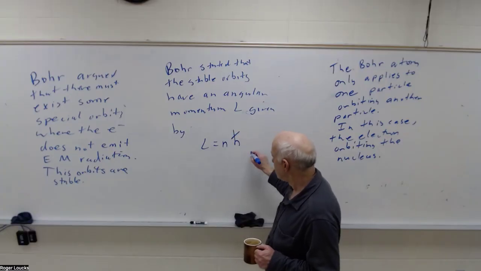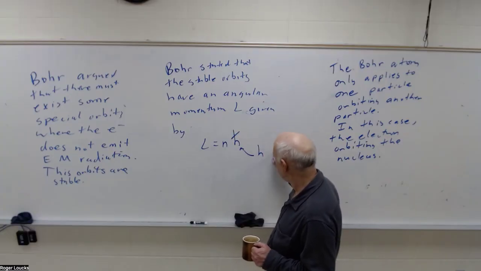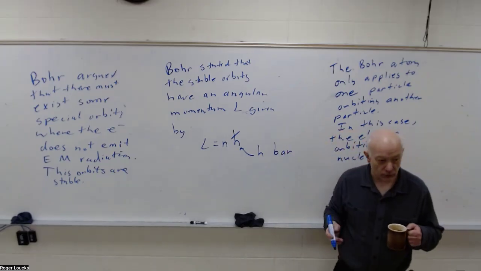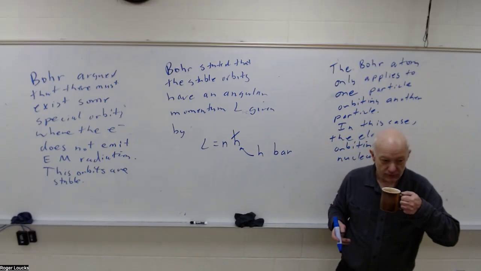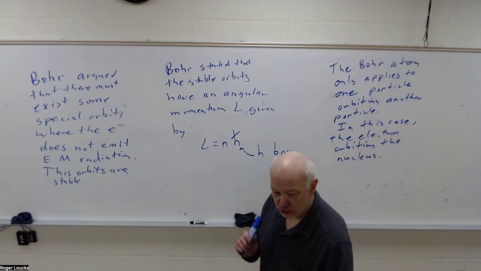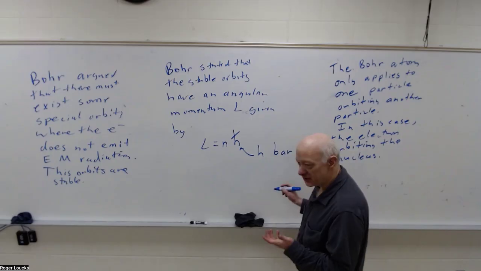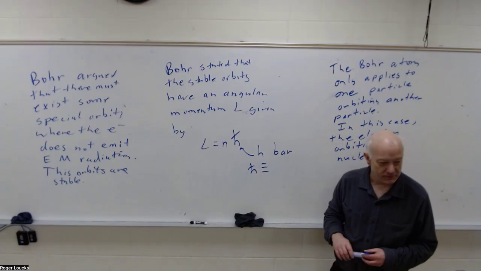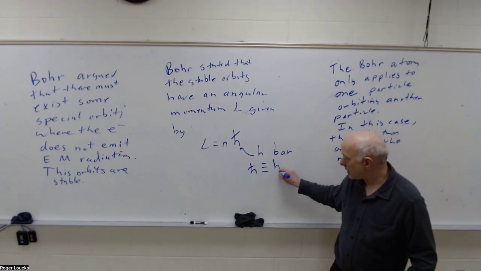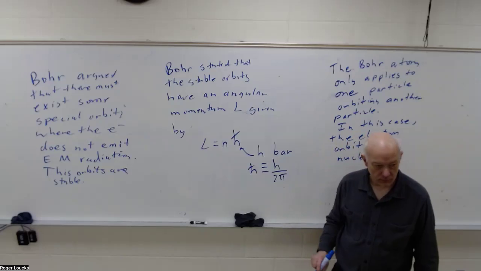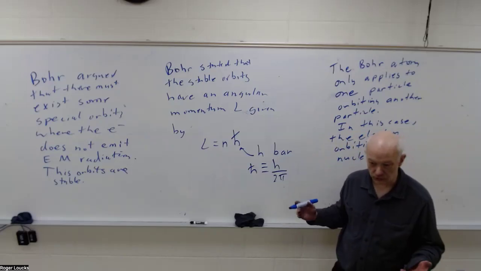And you pronounce this h bar. The h bar is where all the physicists hang out after working very hard on Friday night. You go to the h bar. So h bar is by definition Planck's constant over 2 pi.